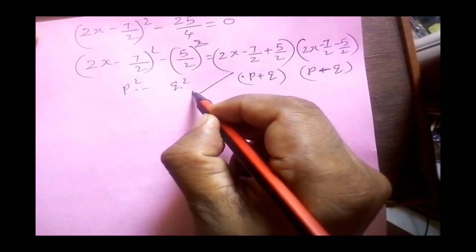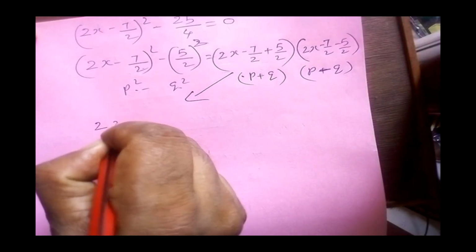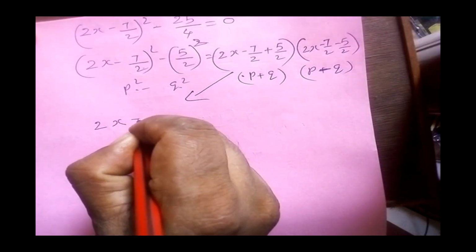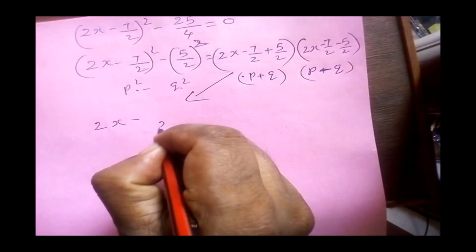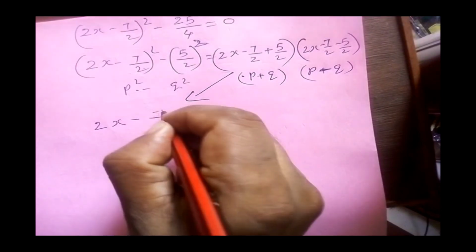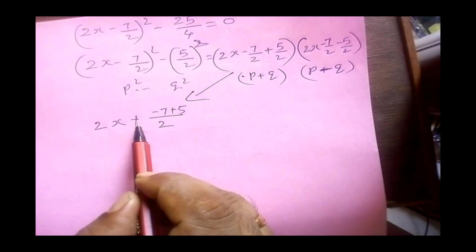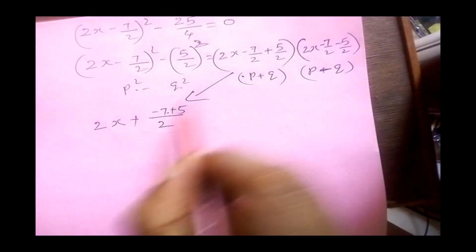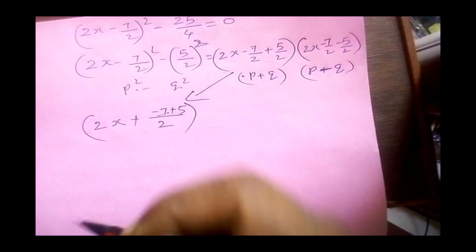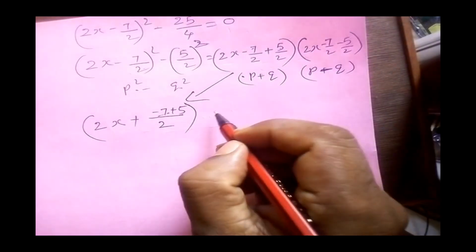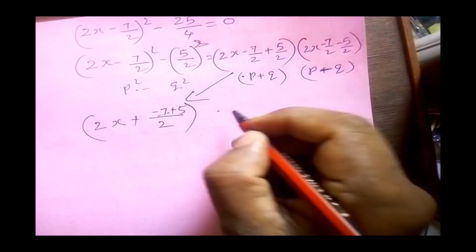Now what will happen to this? This can be written as 2x minus 7 by 2 plus 5 by 2. So 2 can be taken as common. Minus 7 plus 5. Plus I have taken outside, so that minus 7 and 5 will come. So 2x plus this, minus 7 plus 5 by 2.